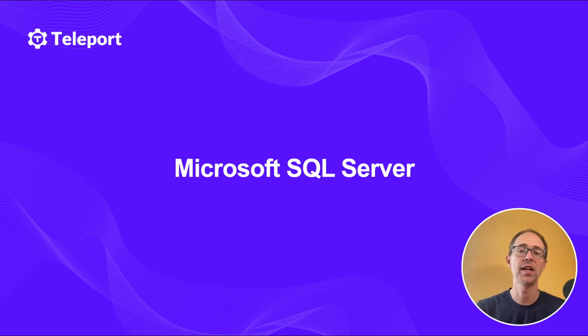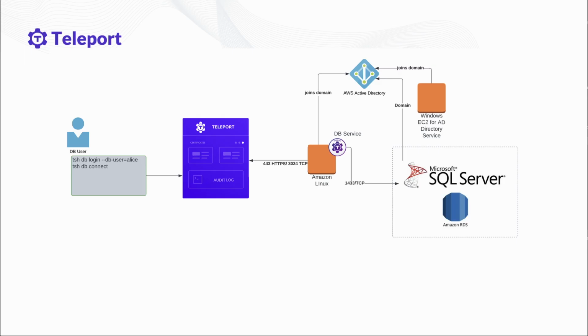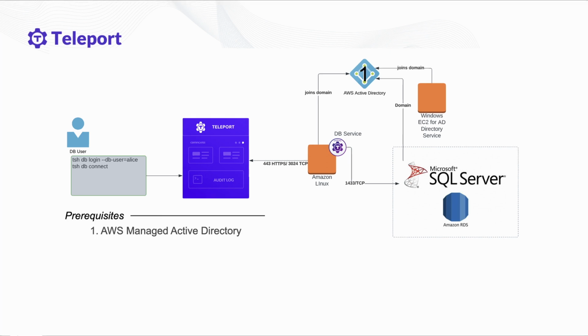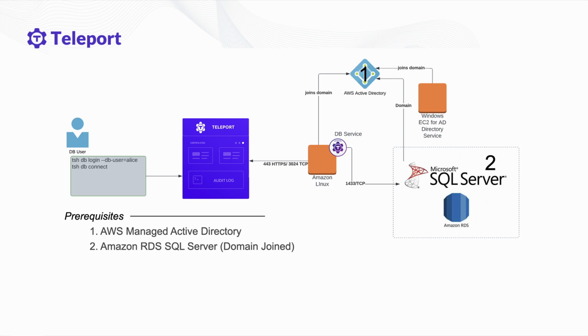So let's get started today with an architectural diagram of what we'll be putting together. So let's take this resource by resource. So first, we have our AWS Managed Active Directory. Now, AWS makes this super simple to set up, as you'll see in a minute. Second, we have an Amazon RDS SQL Server that's domain joined. So this is our database.